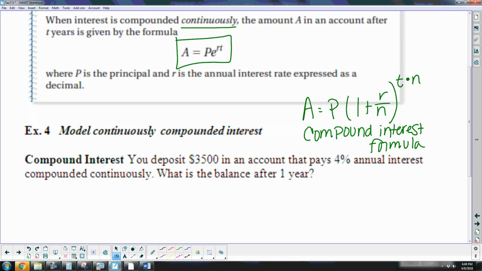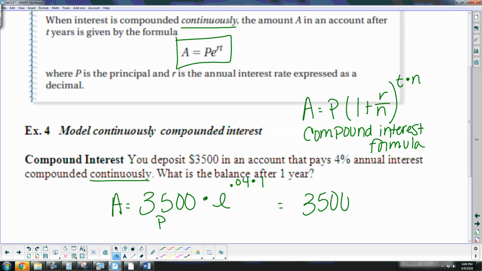So if we deposit $3,500, we're looking for the amount in our account. If we deposit $3,500, that's our P value that pays 4%. And we're looking for it compounded continuously. So we're going to multiply P times e to the power of r, which is our rate expressed as a decimal, 0.04, times t years, which is 1.